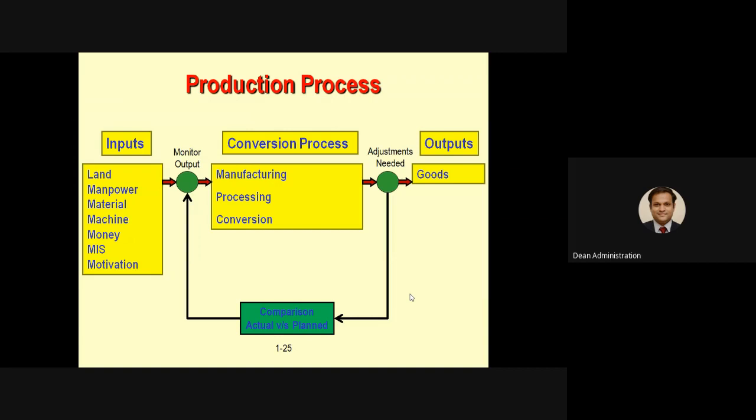Maybe your father works in industry. What does he do, working 8, 10, 12 hours a day? That is basically what we're going to unravel here as we pass through various units of this course. But essentially, the industry is a conversion process where inputs like land, manpower, material, machinery, money, management, information systems, and motivation are all inputs.